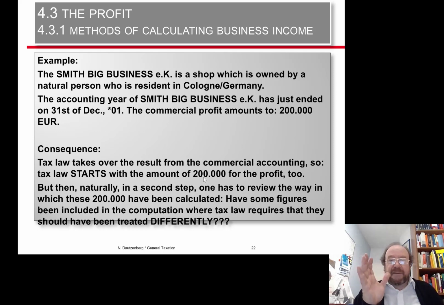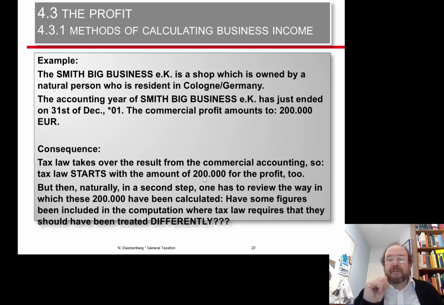How can I explain that with an example? Imagine the Smith Big Business, EK. EK is the abbreviation for registered merchant, so that is a natural person.